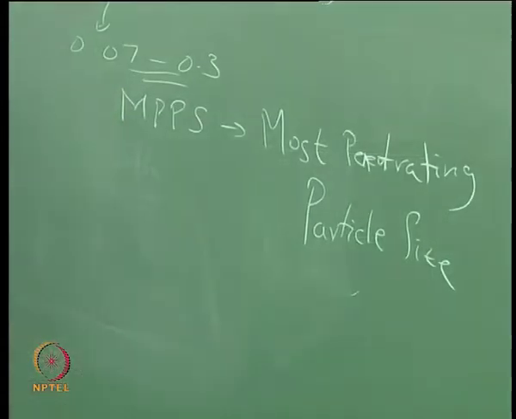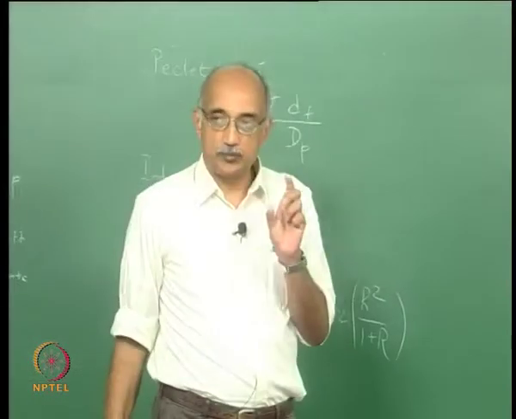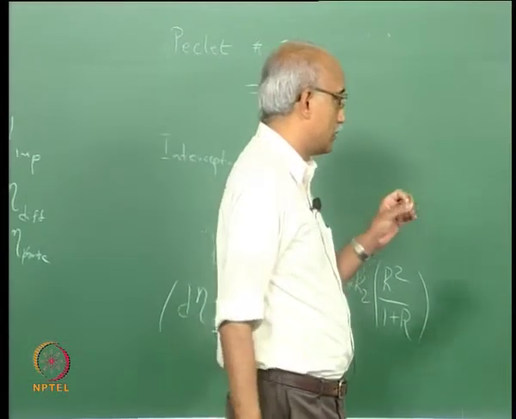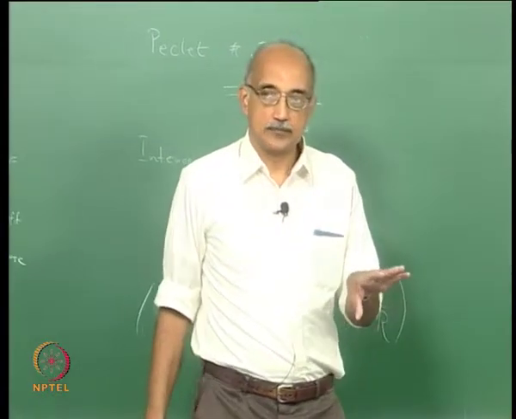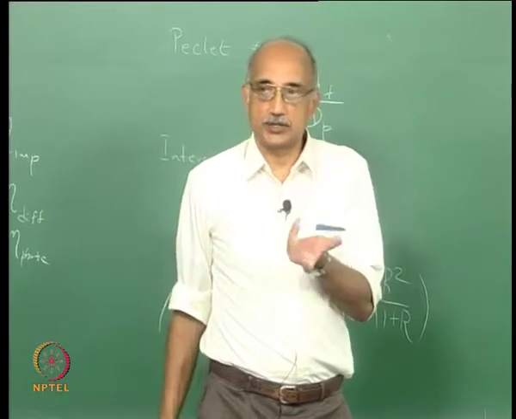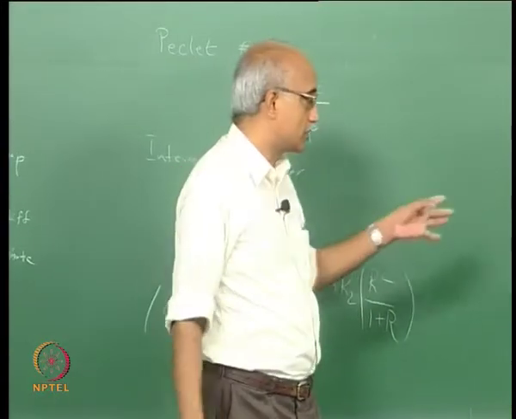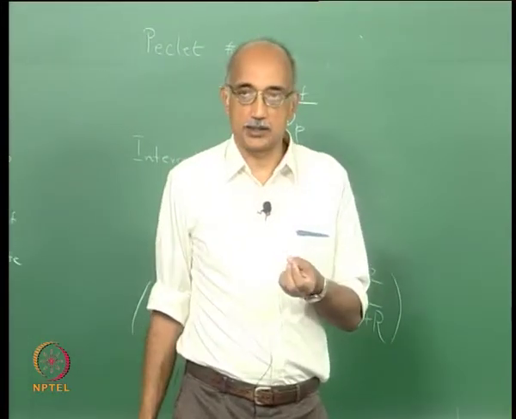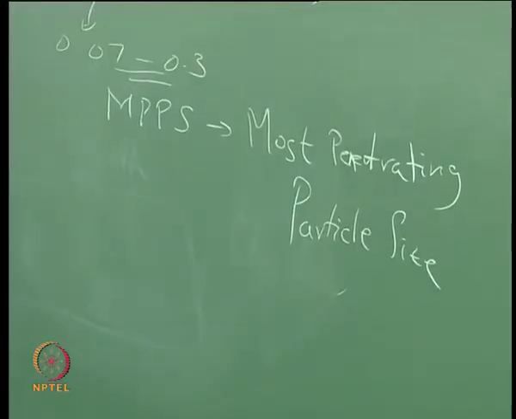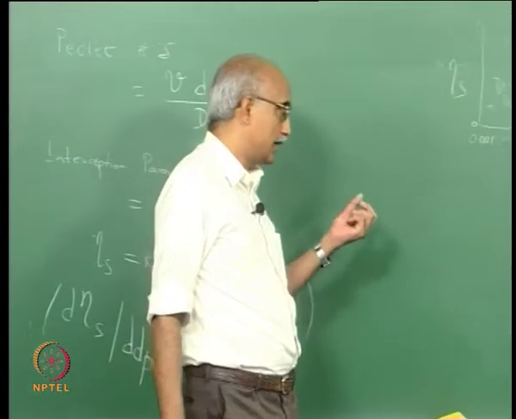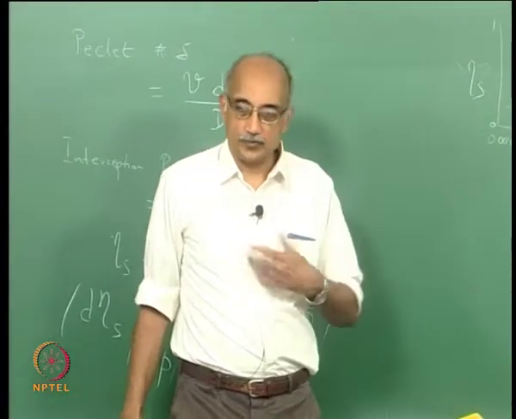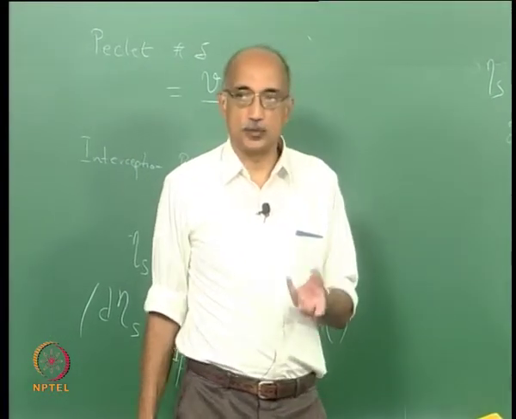Because filtration efficiencies in this size range are very, very poor, the likelihood of a particle penetrating the filter is maximum in this size range as well, and that is why it is called the most penetrating particle size range. What that means is that particles in this size range have the highest probability of escaping the filter and getting into your process.